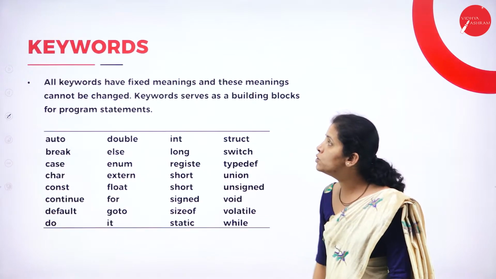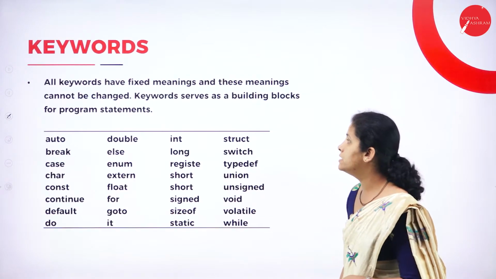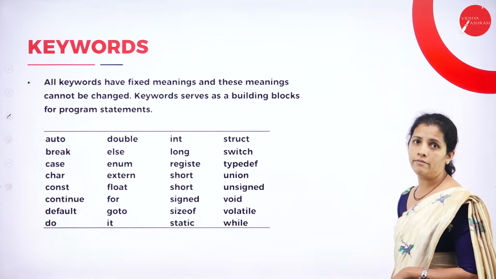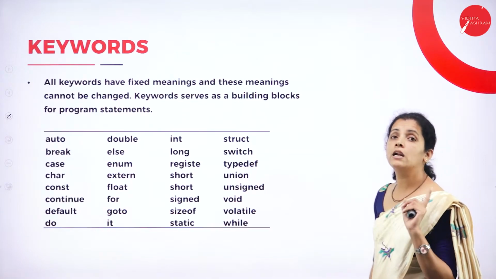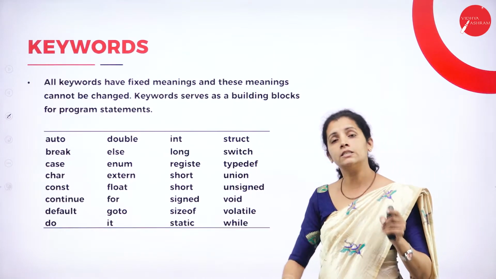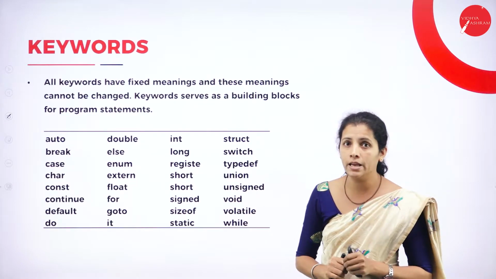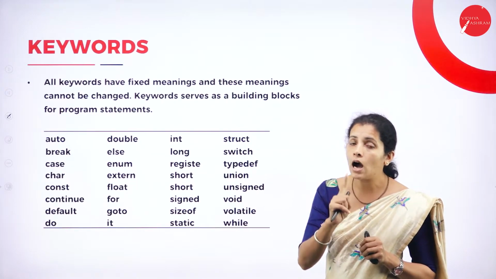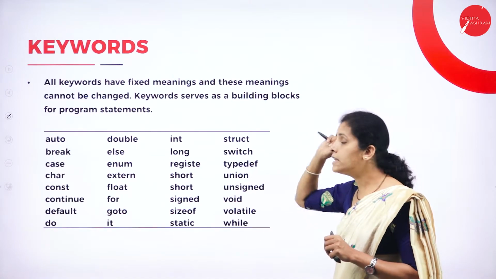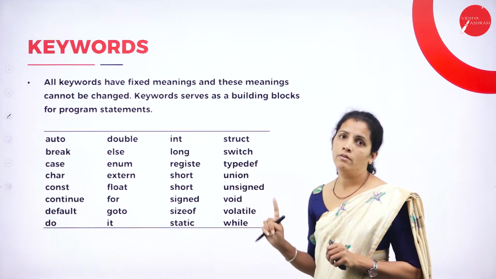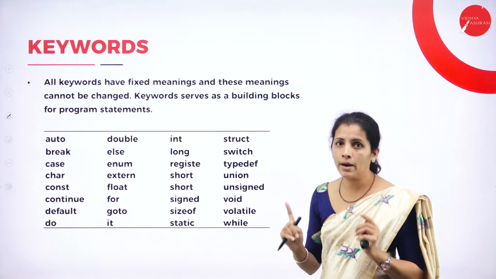Now, I'm going to move towards keywords. So what is a keyword? Keywords are reserved words. They are written by someone and kept in our library. Those are reserved words and they have their own meaning and their own purpose.